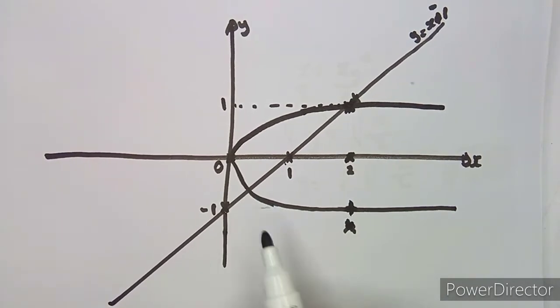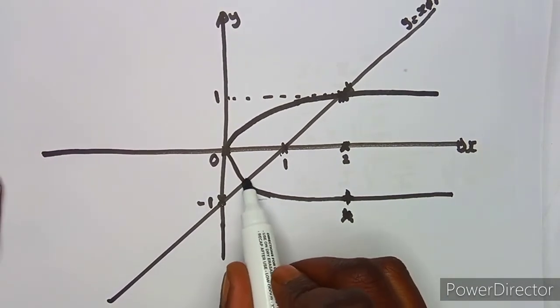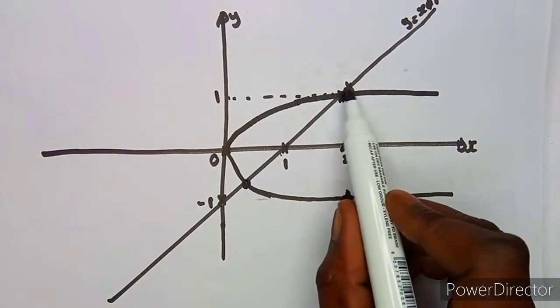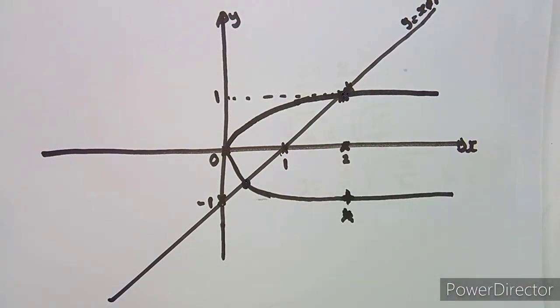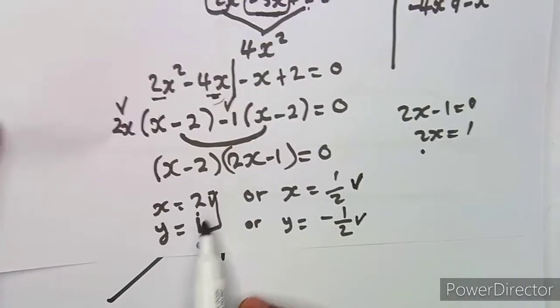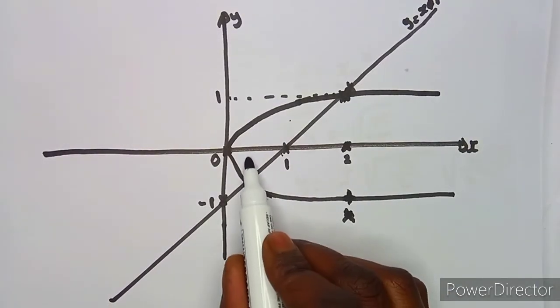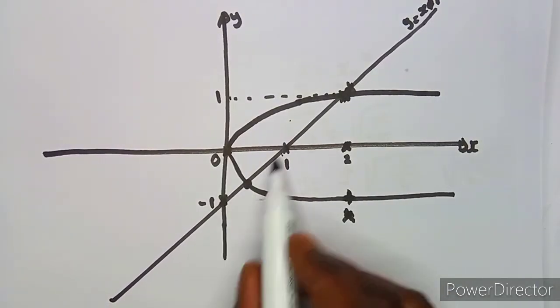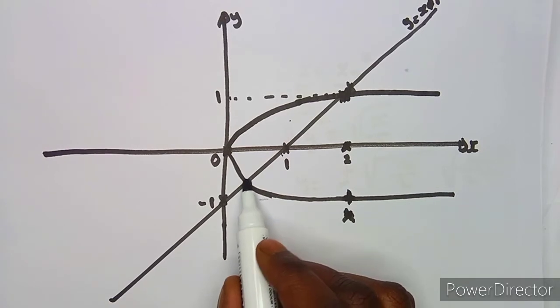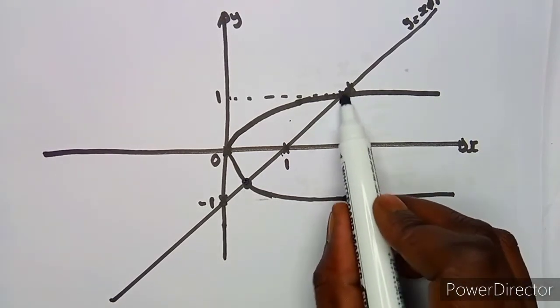As you can see, these two graphs are intersecting at 2 points, this point and this point, which are those points that you calculated in the first question. Remember, your first question was to calculate the point of intersection, where we have got 2 and 1, half and minus half. Because this is 0 and 1, this is your half and minus half here, and this is your 2 and 1.